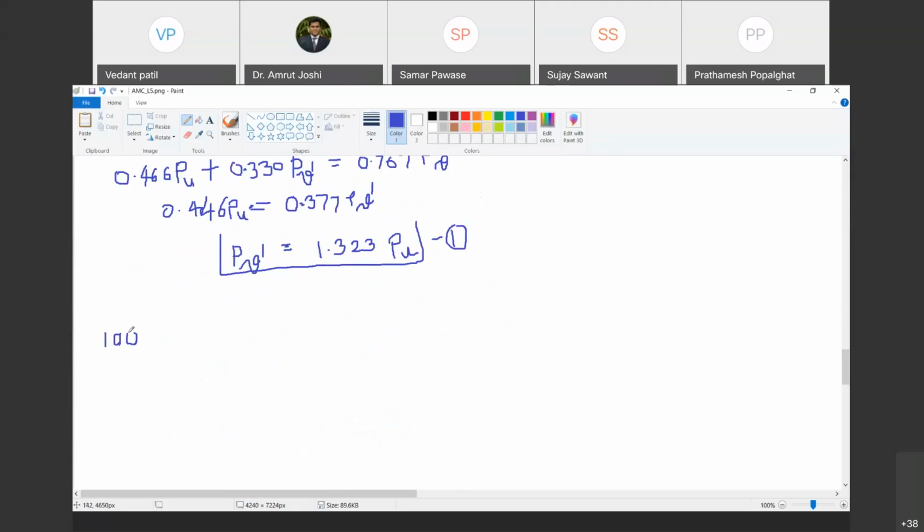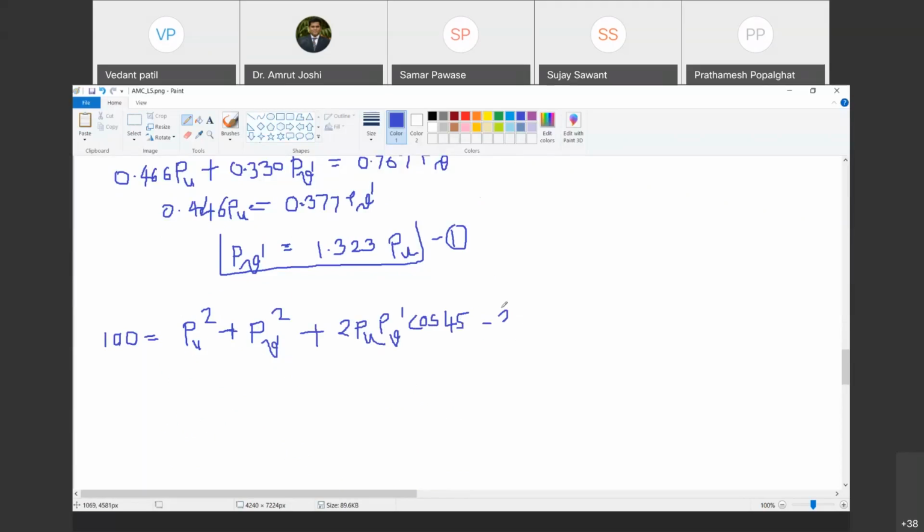100 equal to PU square plus PV dash square plus 2 PU PV dash into cos 45. Happy? Yes sir. This is the second equation.